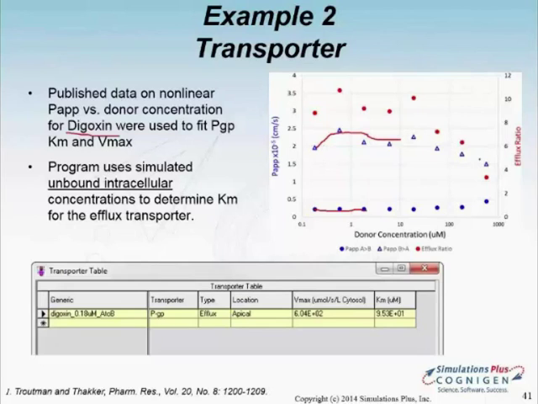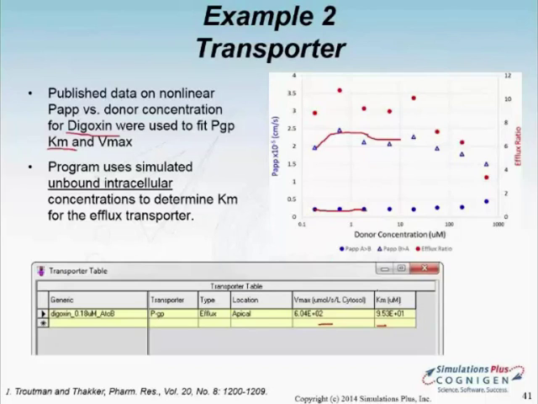This data set showed nice nonlinear dependency in both sets of data, so we were able to use it to fit the Km value, and especially were interested in obtaining the unbound intracellular Km. So we used this data set to fit both Km and Vmax.